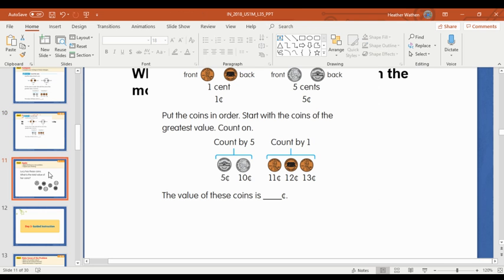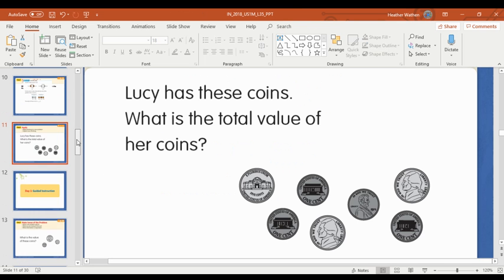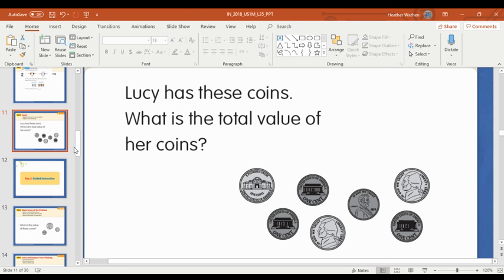We're also going to learn a new coin today. Oh, first let's do this problem. Lucy has these coins. What is the total value of her coins? Well, we just talked about how we need to get our greatest amount first. So I see some nickels here. It looks like I see 3 nickels. So I'm going to count those nickels first.